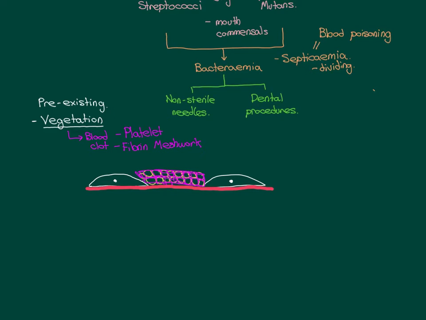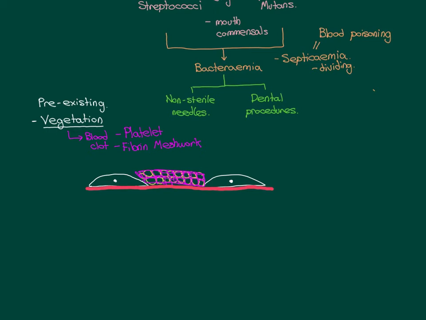And this is the reason that infective endocarditis is far more common in the left heart than in the right heart, because you are far more likely to have pre-existing vegetations in the left heart, especially on the left heart valves, than you are to have them on the right heart valves, just because the pressures are so much higher in the left heart. Okay?